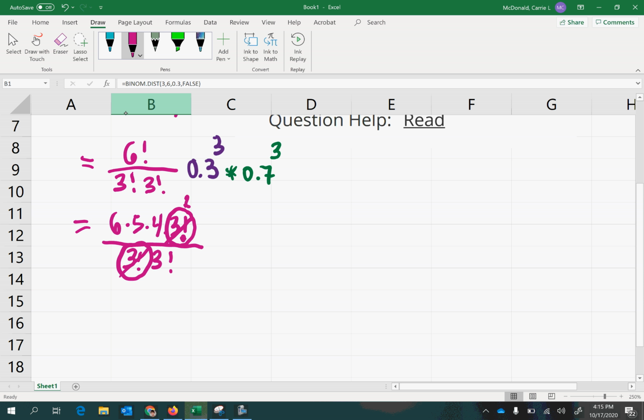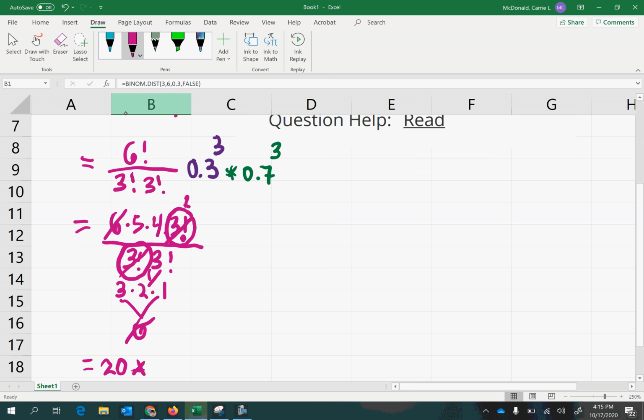So those cancel to 1. Now 3 factorial simplifies to 3 times 2 times 1, or 6, which will cancel off with this 6 here. So in the end, all the stuff in the bottom has canceled out, and we just have a 5 times 4 in the numerator, so that simplifies to 20.